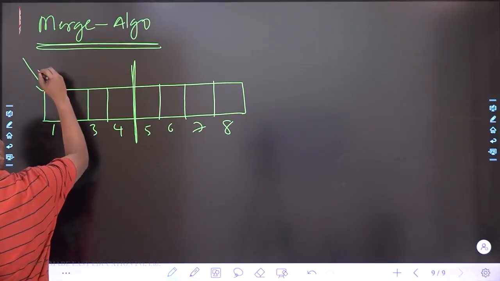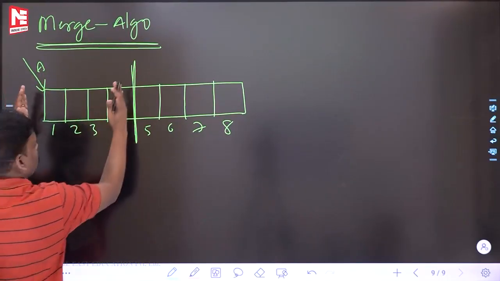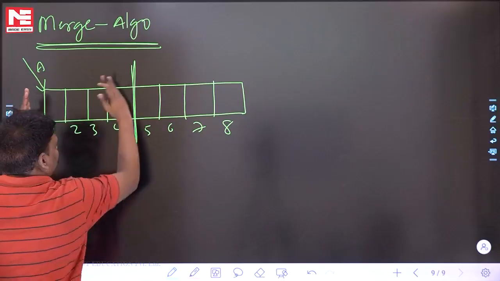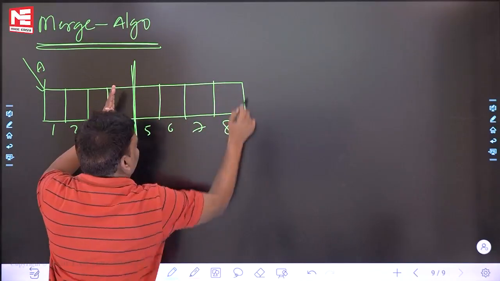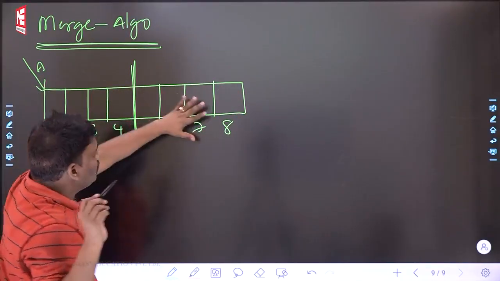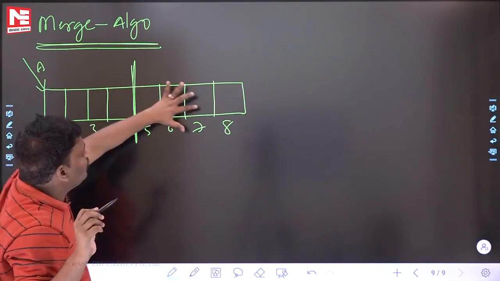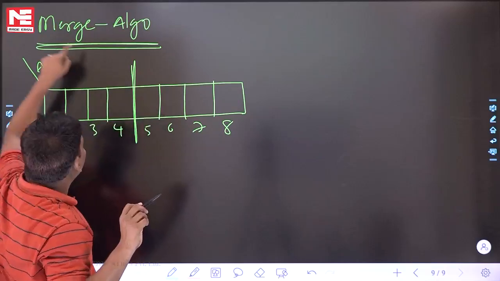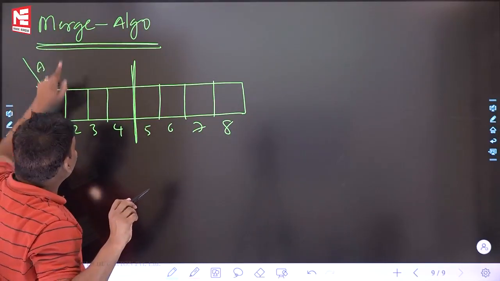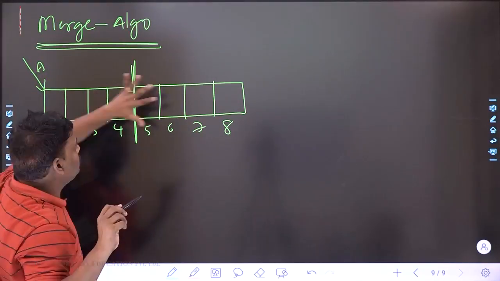Array name is A. In this array A, the first half contains the first sorted subarray, and the second half contains the second sorted subarray, because everyone knows the merge algorithm requires 2 sorted subarrays. This should be sorted, this should be sorted.